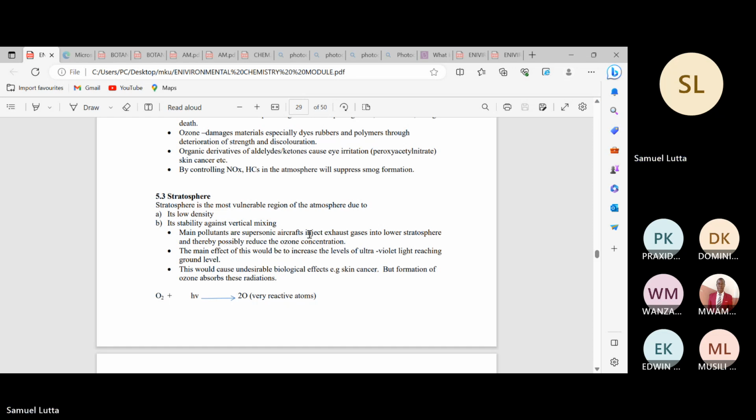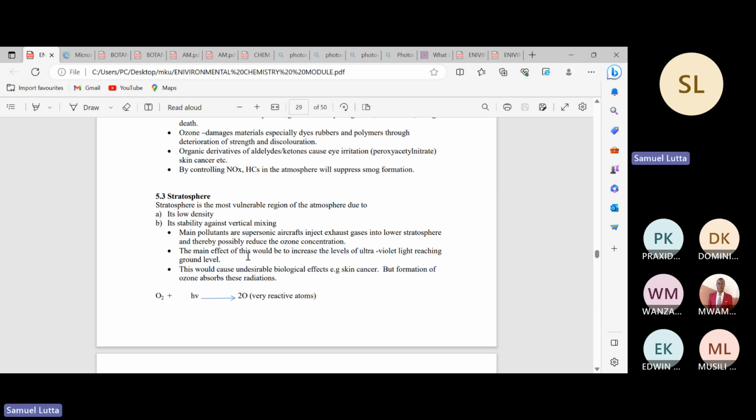So in the stratosphere again, we said there is a low density, and most of these chemicals are stable, and they are going to have a slightly longer half-life.